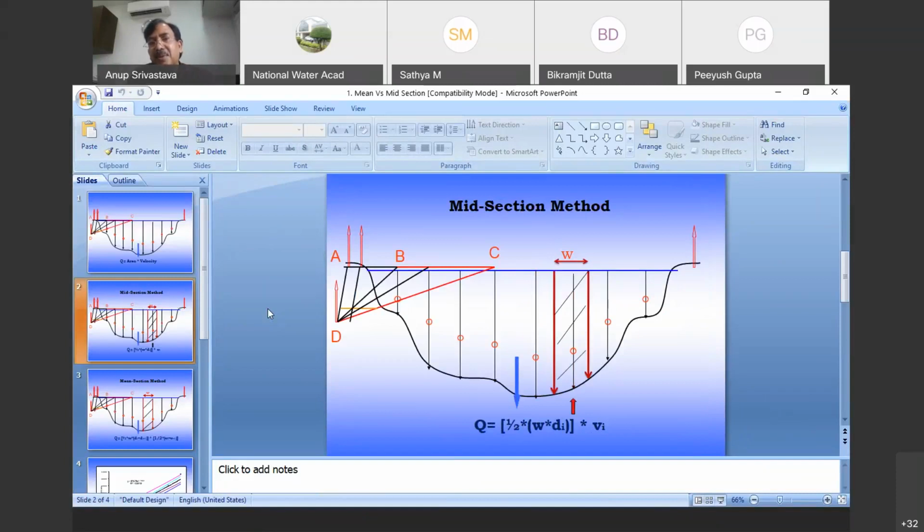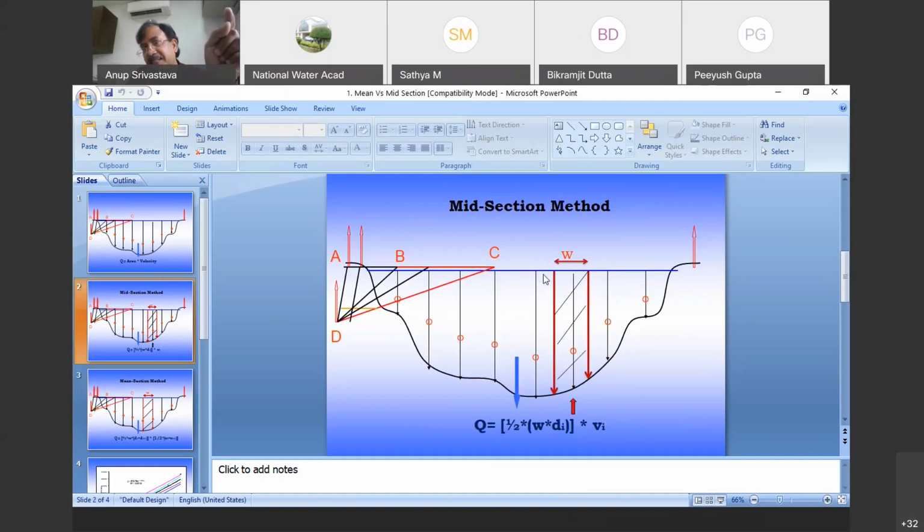So let me come again to the midsection method. Here, this W, on the assignment sheet or that example sheet, how are we calculating it? This W we are calculating as half of the RD of this vertical minus the RD of this vertical.